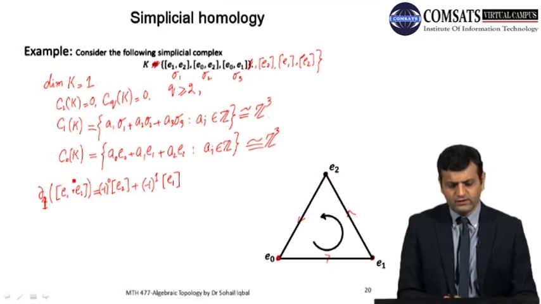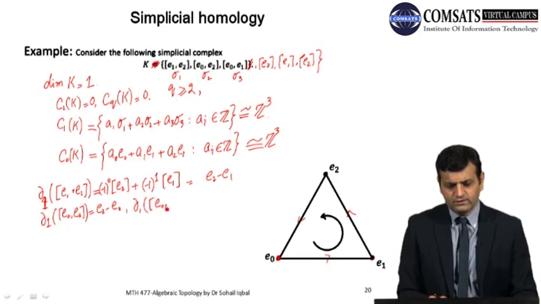So when we remove E1, we write minus 1 raised to power 0, and when we remove E2, which is at the 1st place, minus 1 raised to power 1. So basically this is equal to E2 minus E1. Similarly, partial 1 of E0, E2 is equal to E2 minus E0. Similarly, partial 1 of E0, E1 is equal to E1 minus E0.